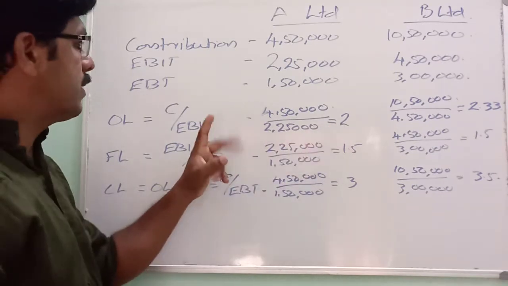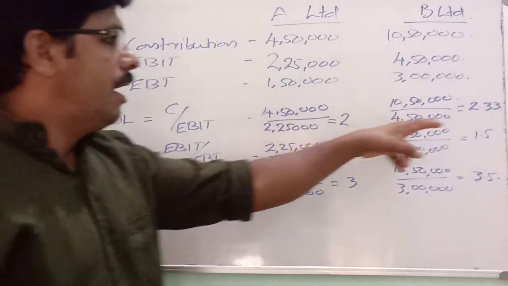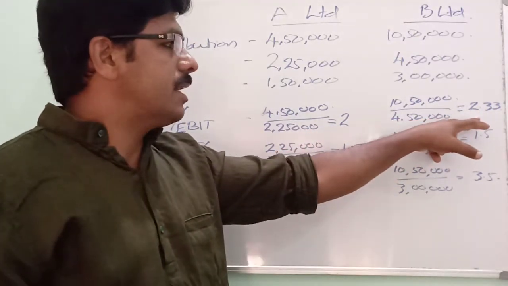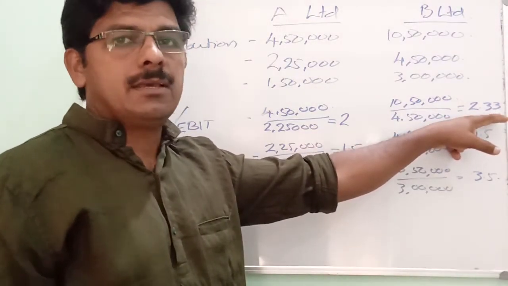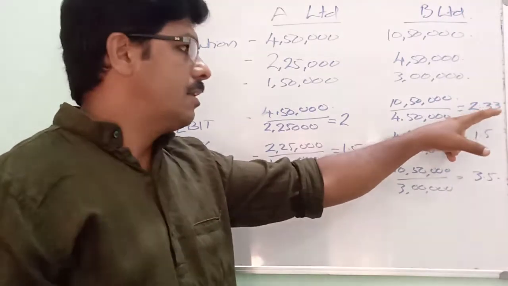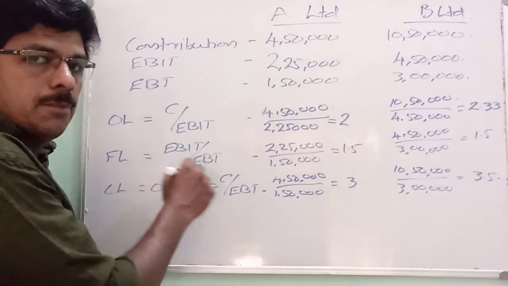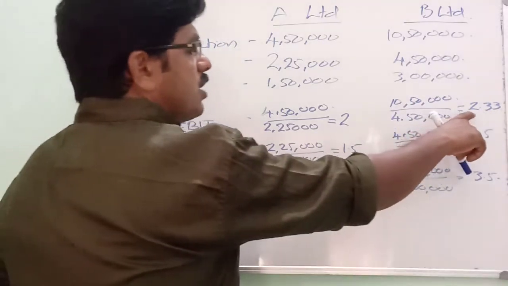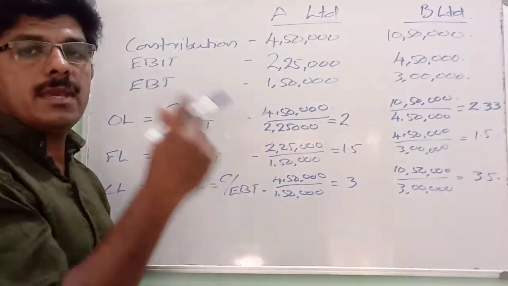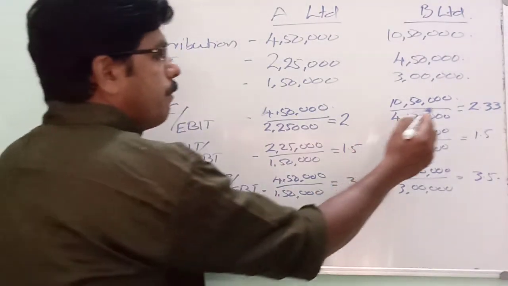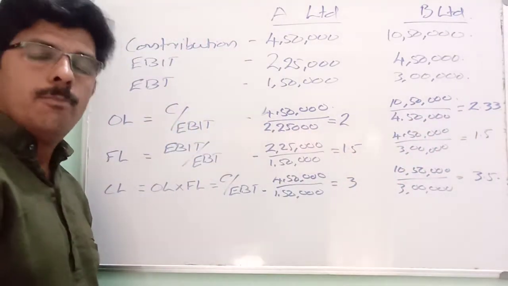And here a 1% increase in sales results in a 2.33% increase in EBIT. So the relative risk position is more in the case of B Limited. Operating risk is more, that means the profit earning risk is more in the case of B Limited. Operating leverage is more here, therefore operating risk is also more.